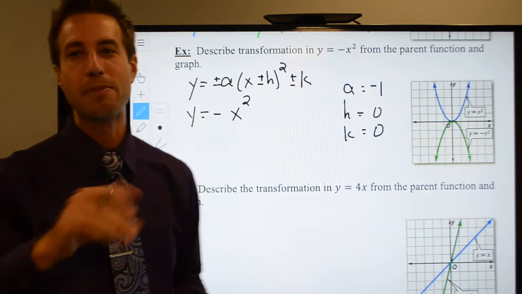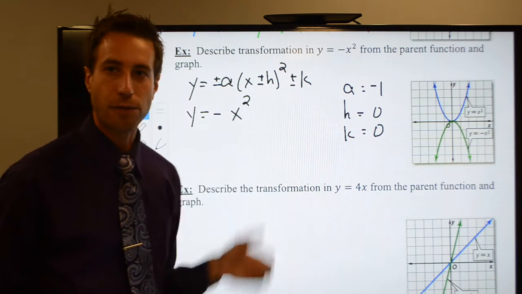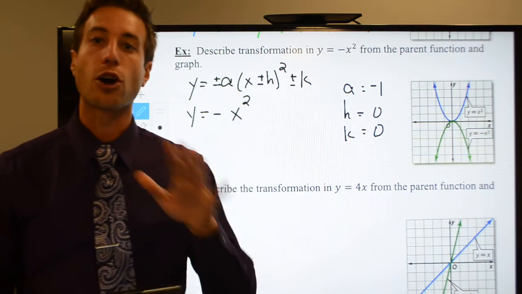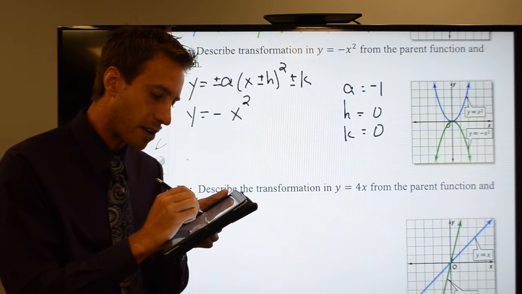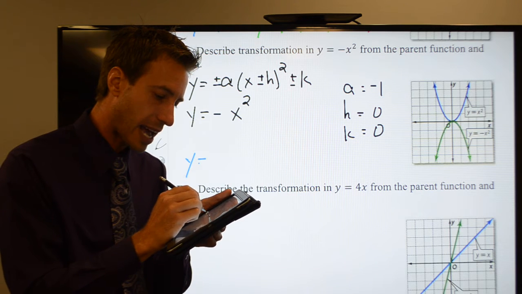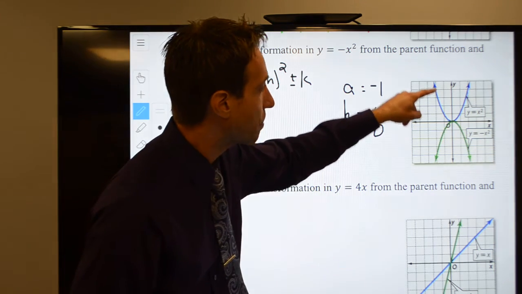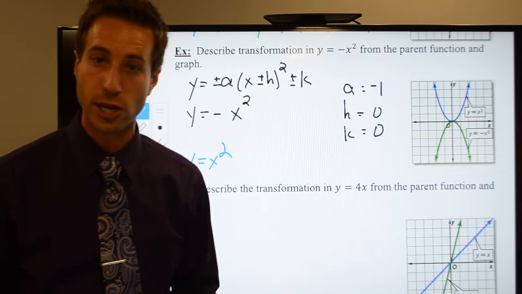And now I remember from the previous page, whenever there is a minus sign in front of that function, that is actually going to flip my graph across the x-axis. So what I've done is I have graphed the parent function y equals x squared for you in blue. We know that that is a parabola, that U-shaped graph going through the origin.